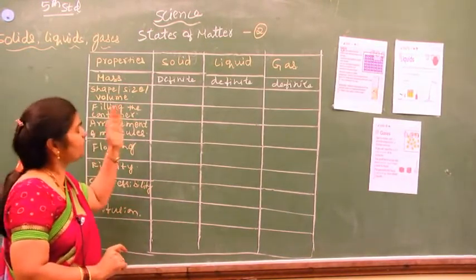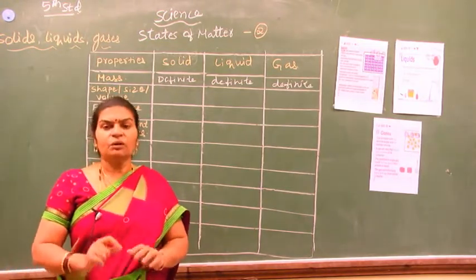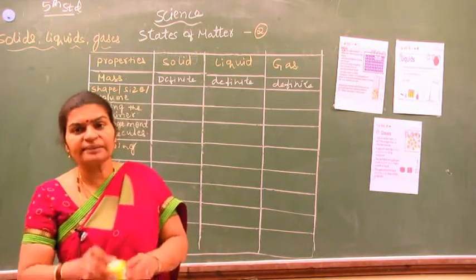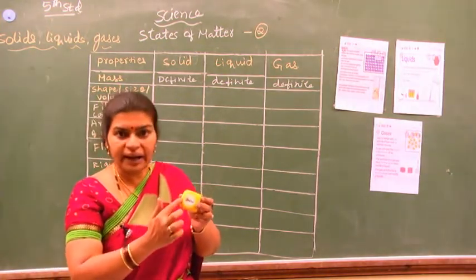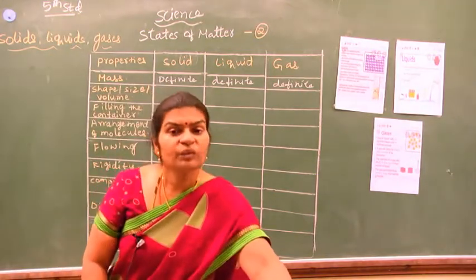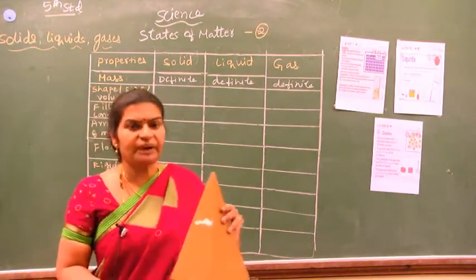In the case of solids, what about the volume? The volume is definite. We can measure the length, the breadth and the height. And also we can calculate the volume of this pyramid by using the formula.